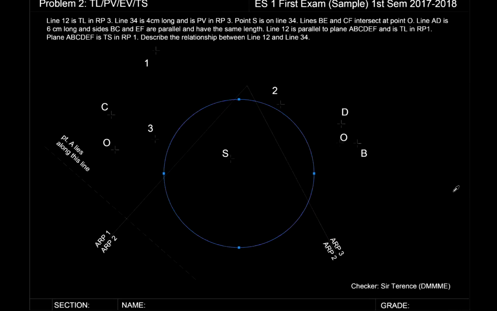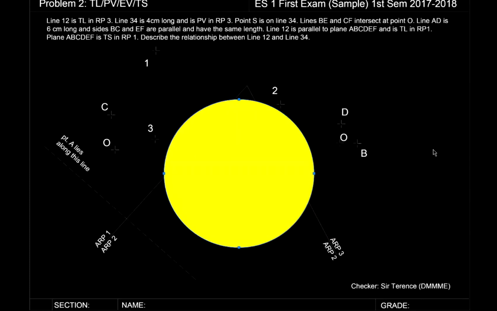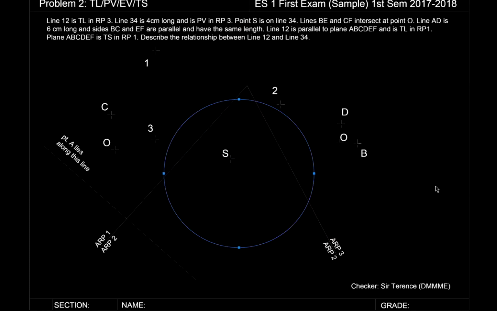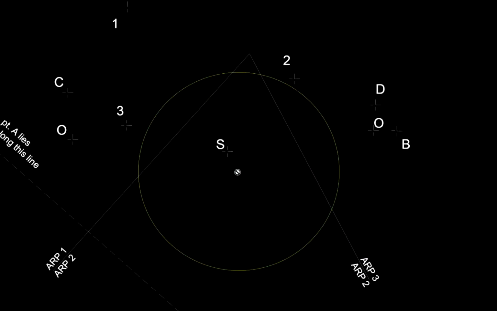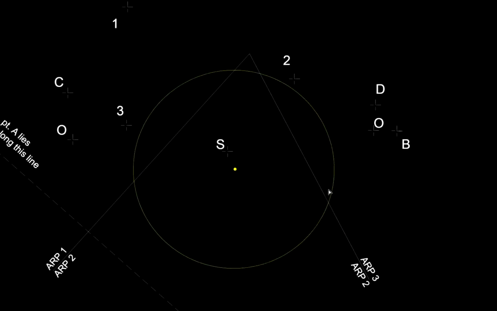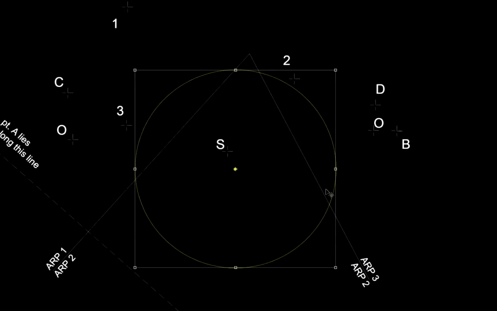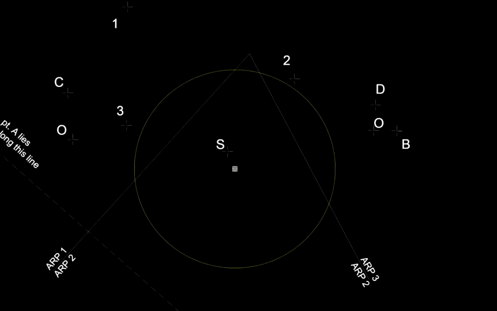Okay? So, let me use different color. Ito yung compass ko. And I'll probably do one more, no? Okay, I have my compass. Now we can begin.